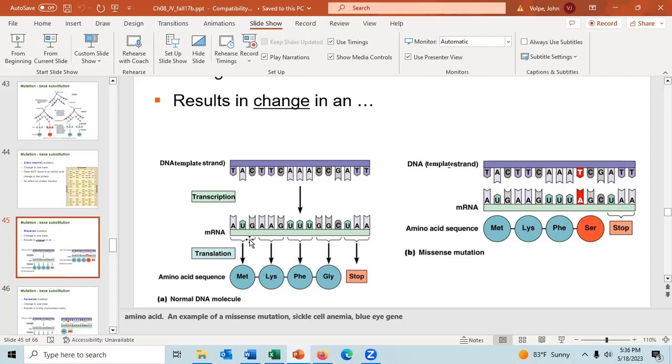Another example of a missense mutation: 10,000 years ago, the human race only had brown eyes. And 10,000 years ago, in Northern Europe, we had a missense mutation, and the blue-eyed allele came about.